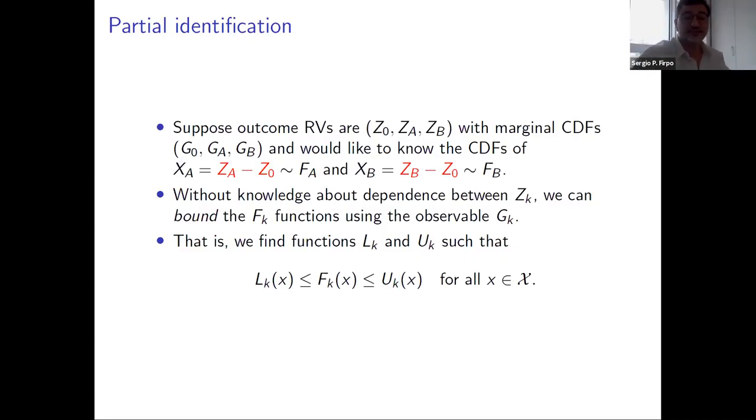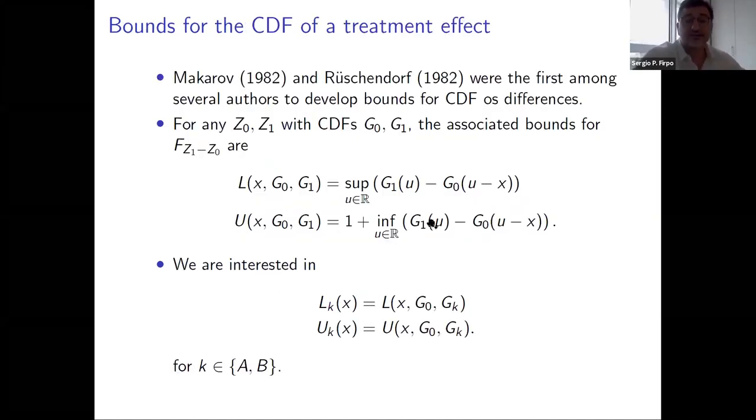And so you're going to have U and L as lower and upper bounds for this F, which is the distribution of the treatment effect. Those are the formulas. They depend on the distributions of the marginal potential outcomes, which are Z0, ZA, and ZB here.